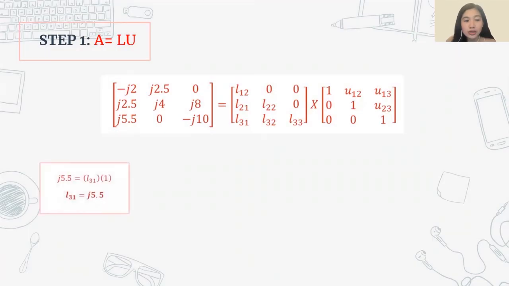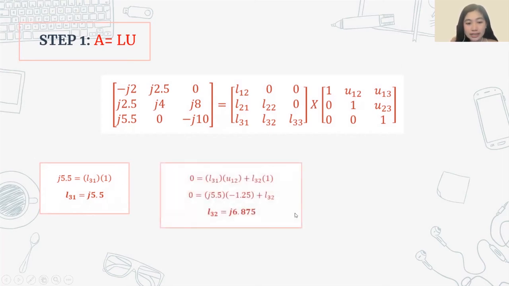So, now we are going to solve for L31. L31 natin will be equivalent to L31 times the value of 1, i-reflect sa kabila is J5.5. So, that's why J5.5 equivalent to L31 times our 1 and equivalent to still J5.5. Next is our L32. Second to the last is that we are going to solve for the value of it. So L31 times our U12, since nasa second to, right?